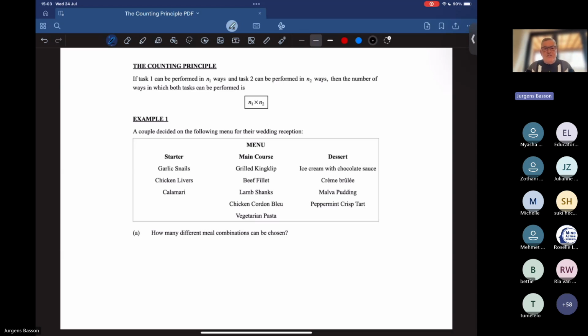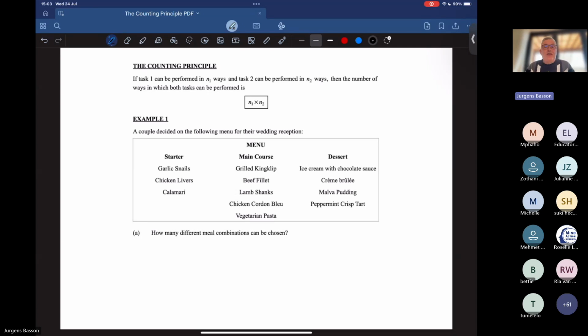So what I want to suggest is that you first discuss with them certain principles, that's what I call it, that they must keep in mind when they start a counting principle question. I'm going to illustrate these principles by discussing examples, but these examples are fairly easy because it's about seeing what these principles are all about. But we will get to the more exciting ones as well. So we're not only going to stick to easy ones.